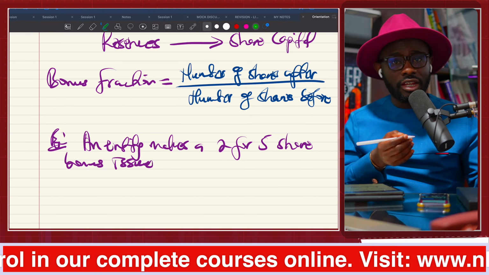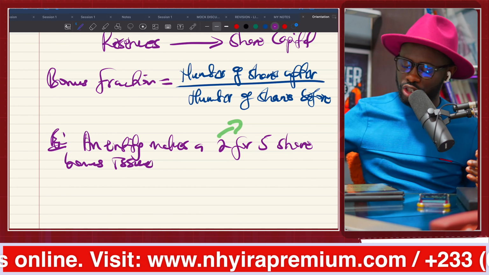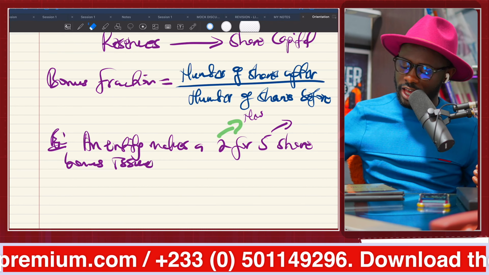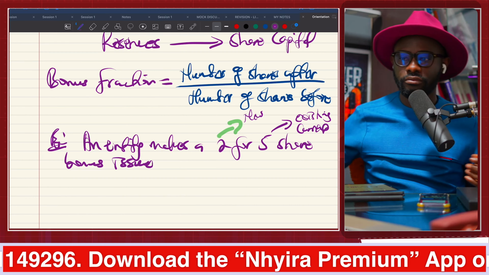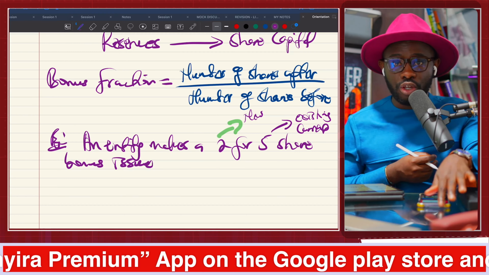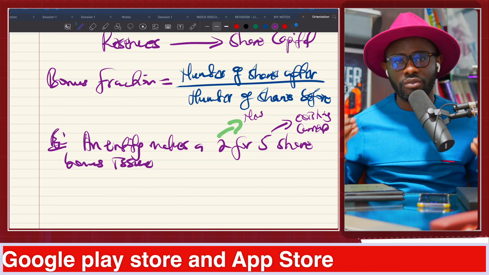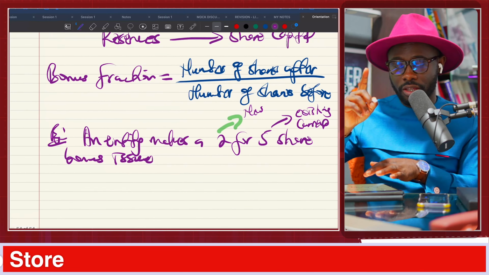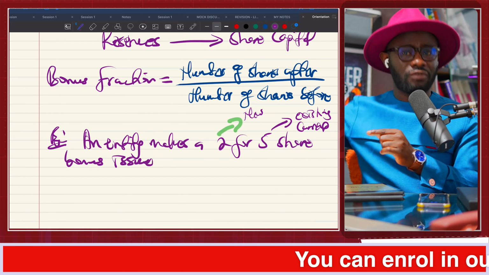Like I told you, under the retained earnings, 2 for 5 means we give you 2 new shares for every 5 that you are having now, existing or current. Does that make sense? So 2 for 5 means that we give you 2 new shares for every 5 that you are having in that case. So the question we then ask ourselves is, how do we calculate the bonus fraction? Stay with me. The numerator is the number of shares after the issue.